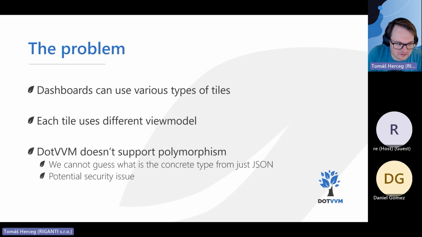So we cannot just add some underscore type property in the view model, which would be saying, okay, the object is of this type, because the attacker would be able to tamper with this field and let DotVVM create objects it's not supposed to create, and that's the potential security issue.